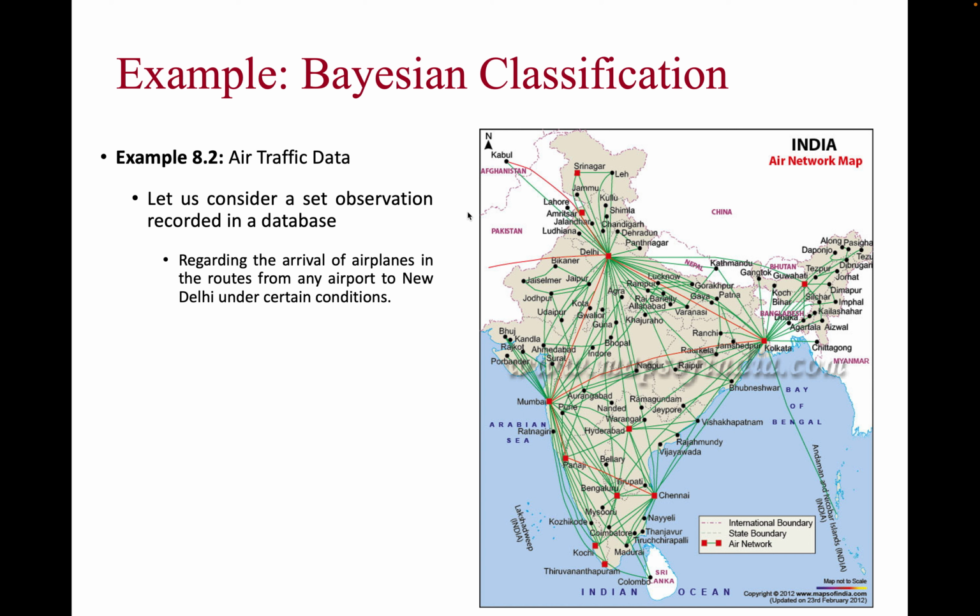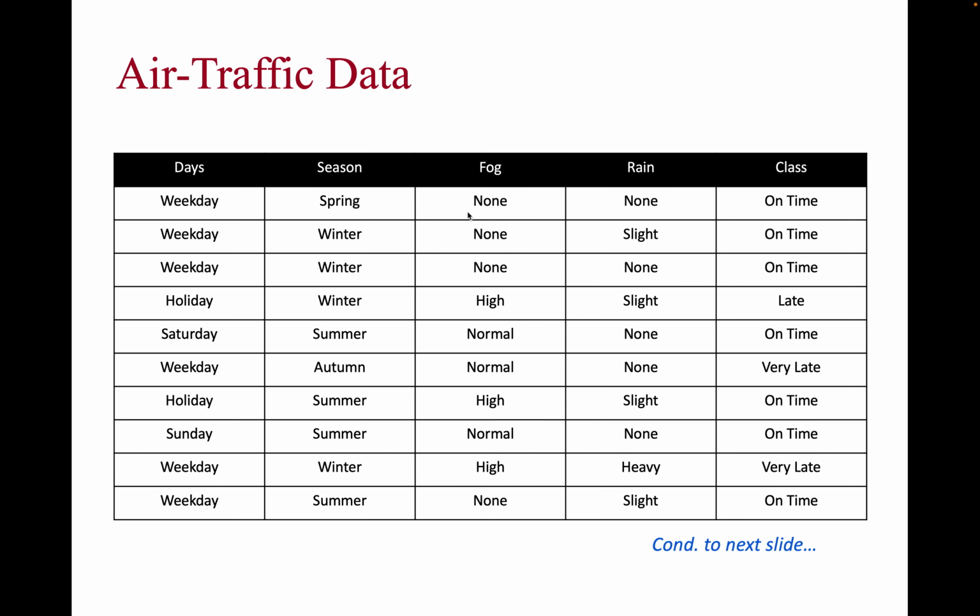Example: Bayesian classifier. Example 8.2, air traffic data. Let us consider a set of observations recorded in a database regarding the arrival of airplanes in the routes from any airport to New Delhi under certain conditions. Air traffic data.